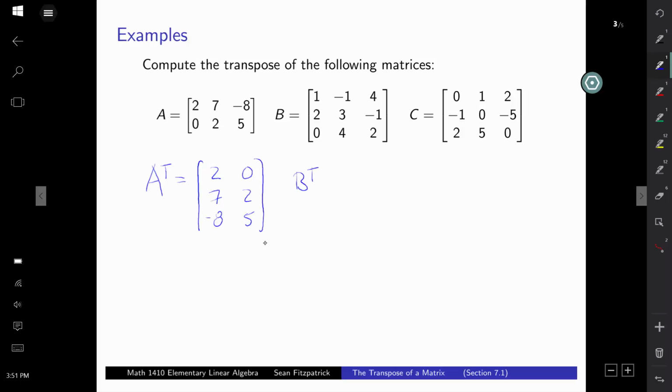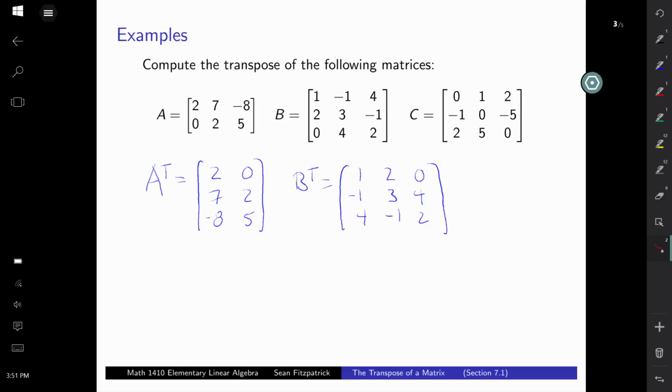For the matrix B, again, rows become columns: 1, minus 1, 4, then 2, 3, minus 1, and then 0, 4, 2. Again, notice that the diagonal is preserved, 1, 3, 2 stays the same, and everything else flips across. These get flipped, these get flipped, and these get flipped. Everything else reflects across the diagonal, if you like.